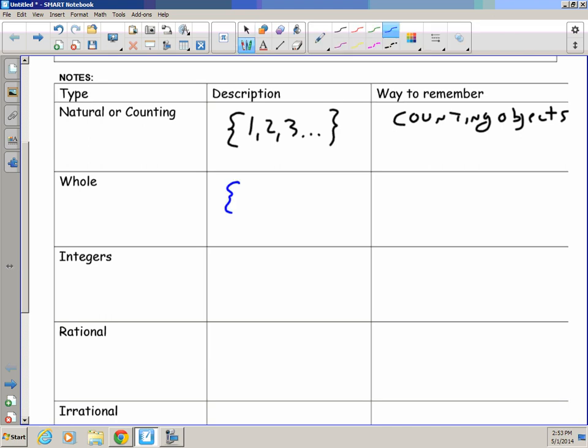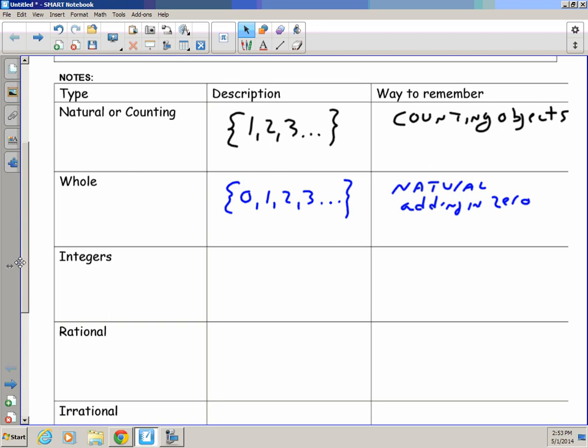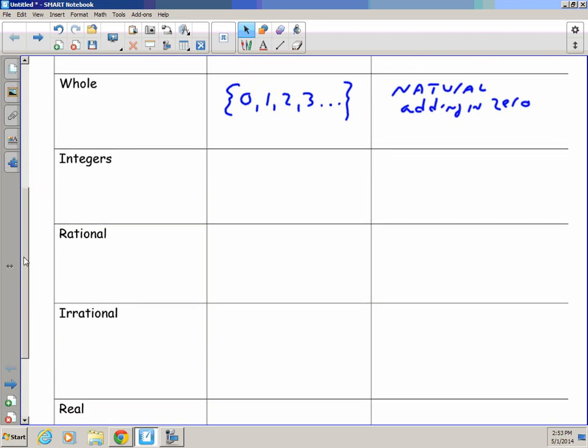Whole numbers just tack on a 0. So it's the natural numbers adding in 0. Okay? Integers are the introduction of negatives.